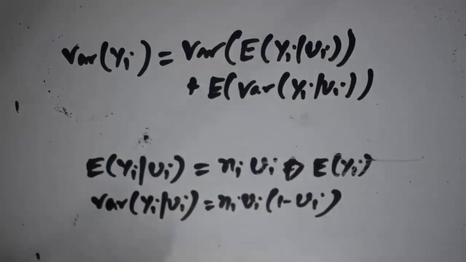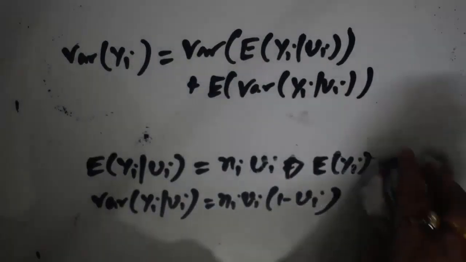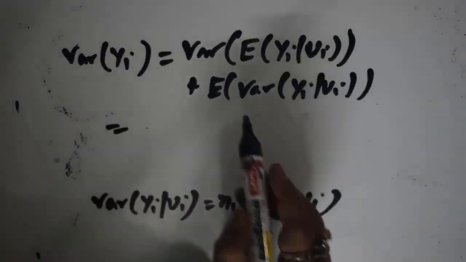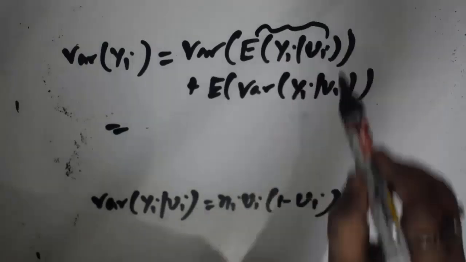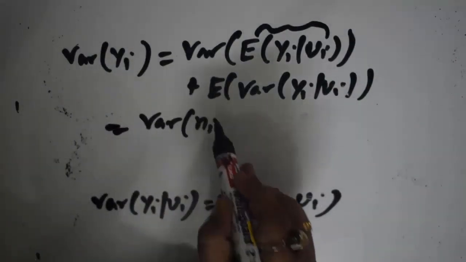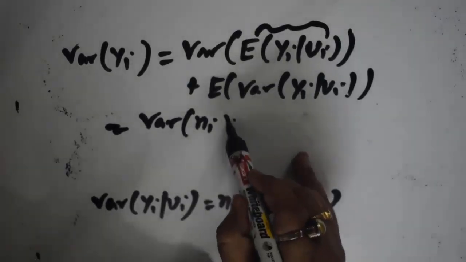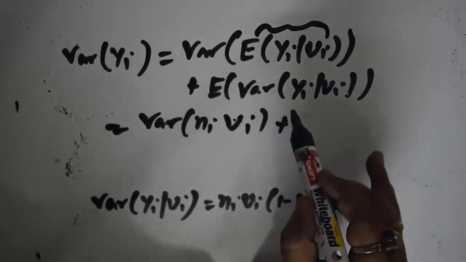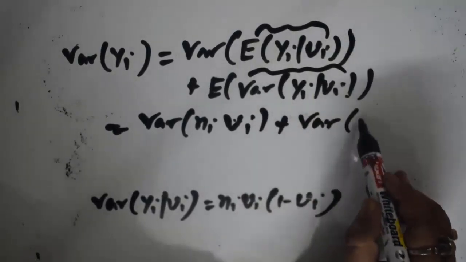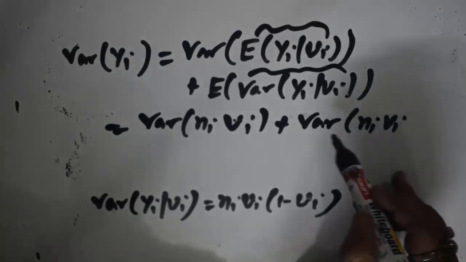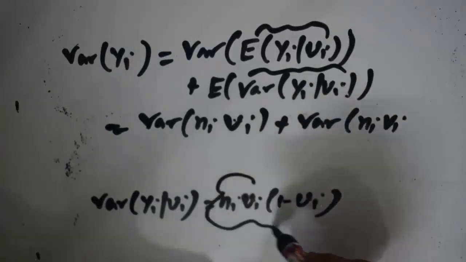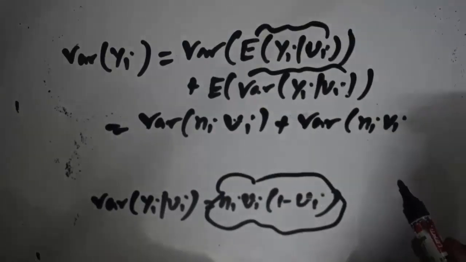So this is equal to the variance of Ni Vi plus the expectation of Ni Vi into 1 minus Vi.